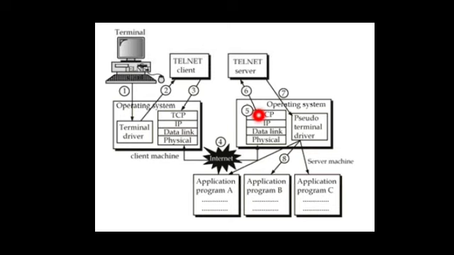So in the sixth step, whatever your TCP is giving to your telnet server are nothing but NVT characters. From the TCP/IP stack at the server, they will be given to the telnet server.